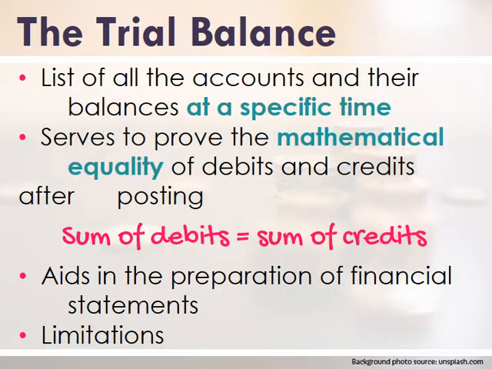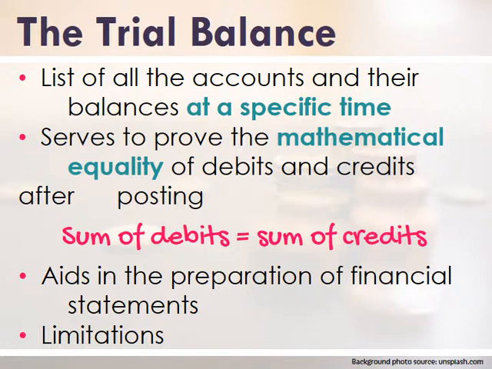Once all of our journal entries are complete, we'll be able to create something called a trial balance. This is exactly what it sounds like, a trial or a test to see if our accounts balance. It proves the mathematical equality of the debits and credits and aids in the preparation of the financial statements.